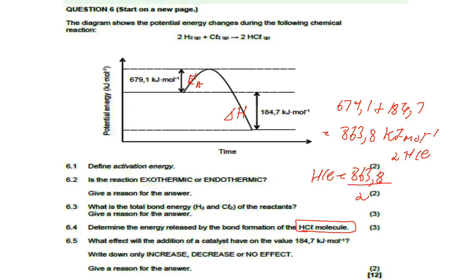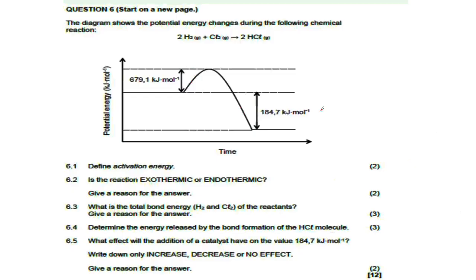Because remember, this represents the energy released to form two molecules of hydrochloric acid, but we only want the energy released to form one hydrochloric acid molecule, right? Then that divided by 2, this will give us 431.9 kilojoules per mole, right? And that becomes your solution for 6.4.